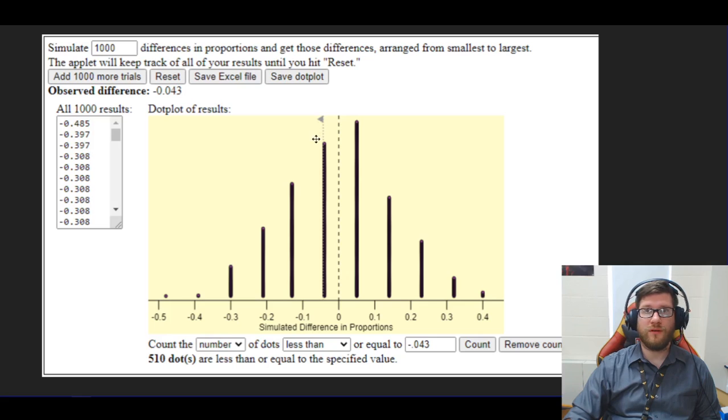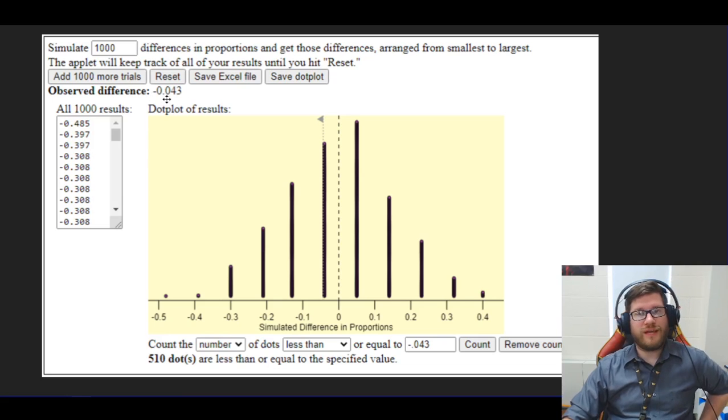So we want to say, well, how many times would they actually just randomly do worse than what we observed? How many times would they do worse than this current season? So if we put the negative 0.043, which was our observed difference, we want to say how many times are they going to do worse wearing red than they are right now.